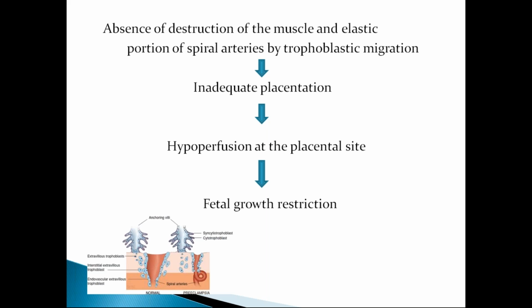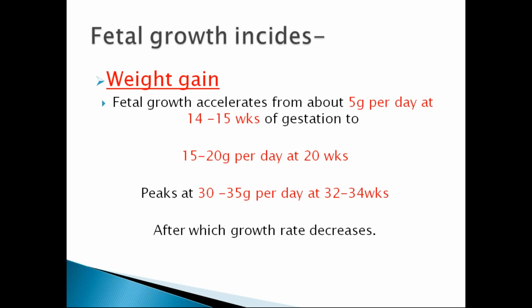With improper invasion of the trophoblastic cells, there will be no dilatation of the spiral artery, so there will be less supply, hypoperfusion, and reduced fetal growth. They will not get proper nutrition.